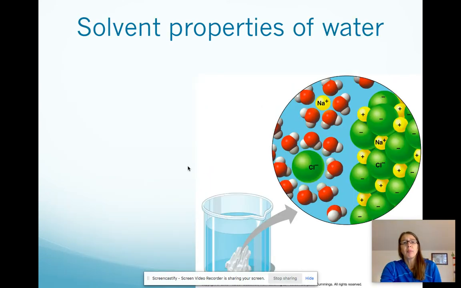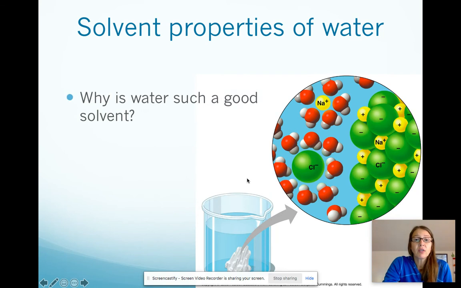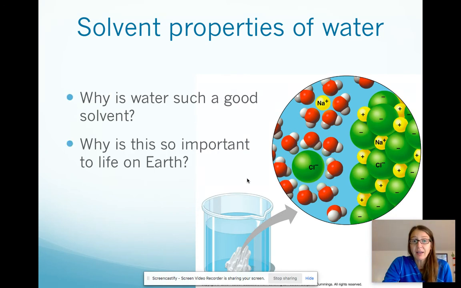Lastly, water is a very good solvent because of its polar nature. You can see here's sodium and chlorine, that's from salt. So here's a salt molecule. Water can dissolve that really easily because it has both positive and negative parts to it. You can see all the negative oxygens are surrounding the sodium and all the positive hydrogens are surrounding the chlorine. And so it makes a really good solvent for anything that is polar, that has a charge.